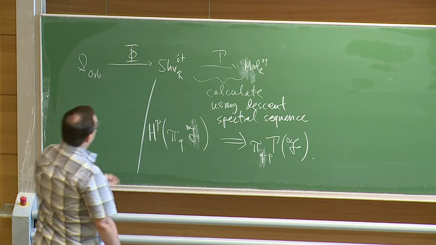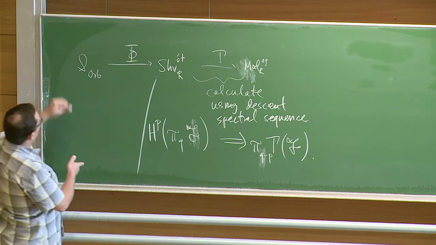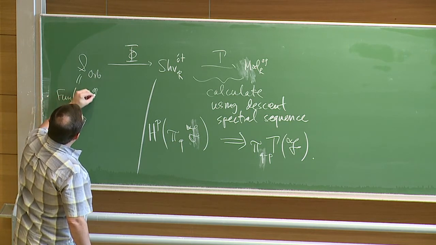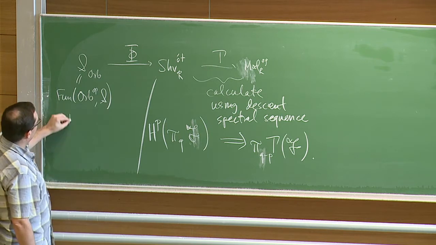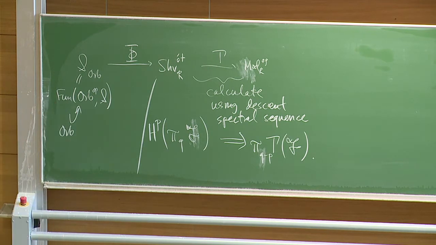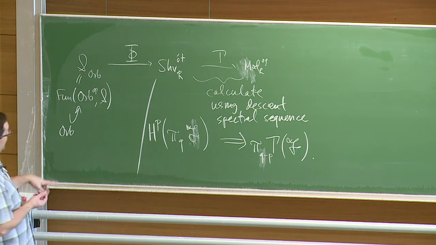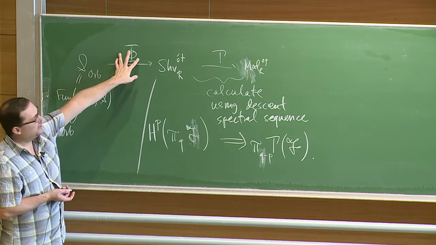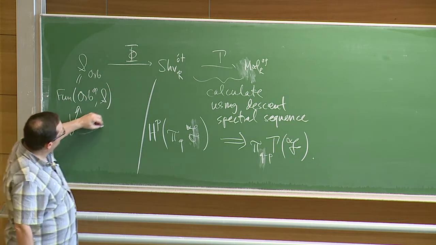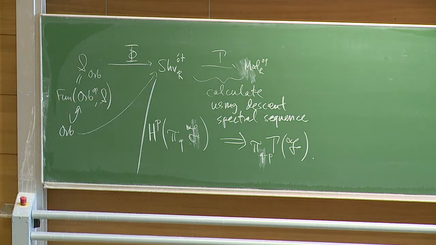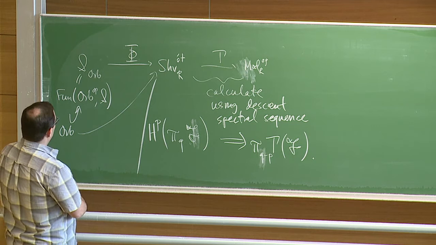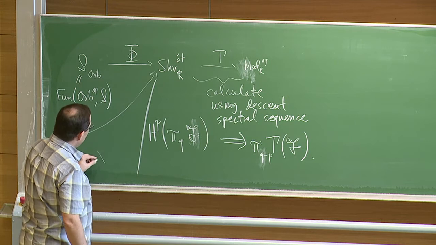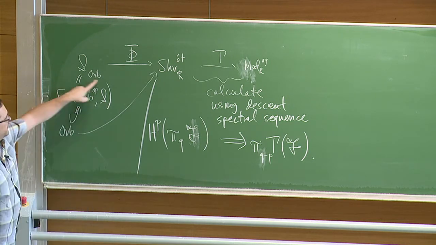And on this side, what do we need? Well, this is freely generated. This is, after all, functors from the orbit category op into spaces. So this is freely generated under colimits by orbits. So in order to do cellular arguments, I want that this preserves colimits. So in other words, I just have to say where each orbit goes. But in geometric situations, I'm going to have various types of fibrations that I might want to consider here.